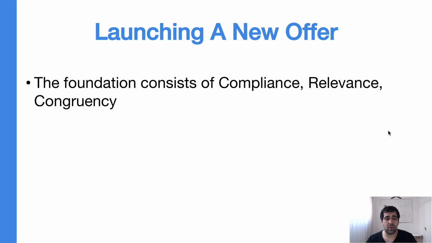The way to learn that is by reading the Facebook advertising policy to make sure that you are in compliance with them. The next piece is that your offer is relevant to the audience that you are pushing that ad to.